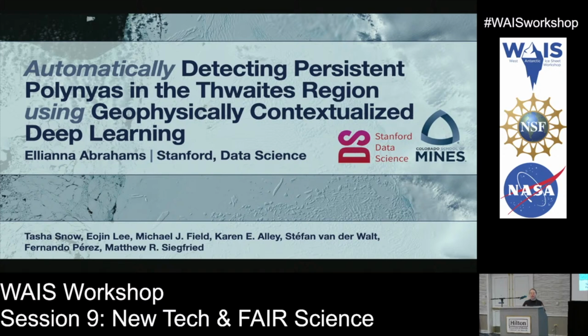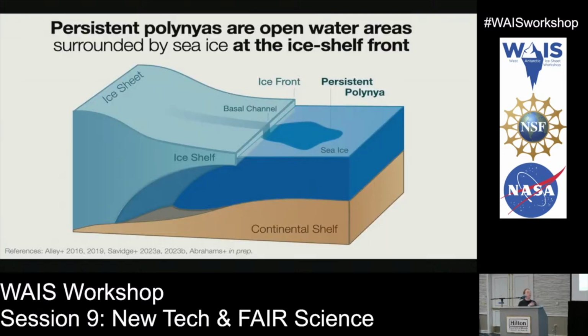Before I dive into what I mean by that, I'm first going to define what a persistent polynya is. When circumpolar deep water flows onto the continental shelf and reaches the base of the ice sheet, it can melt ice there, and that meltwater becomes entrained in the water column.